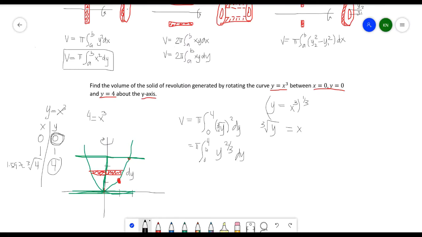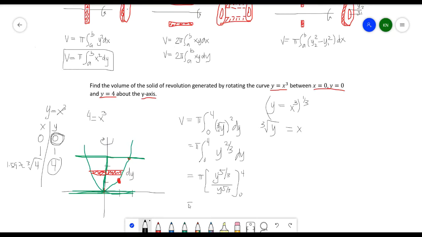Then afterwards, we can already integrate this one. So we have the integral of y raised to 2/3, that is equivalent to y raised to 5/3 over 5/3. Then we have our limits from 0 to 4.